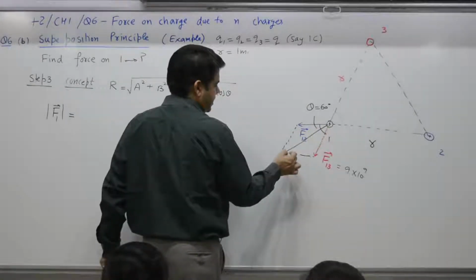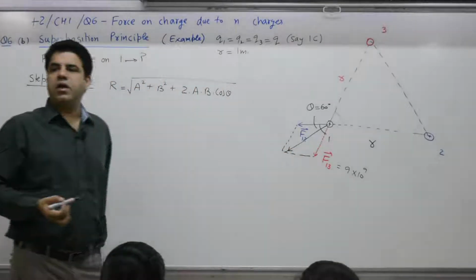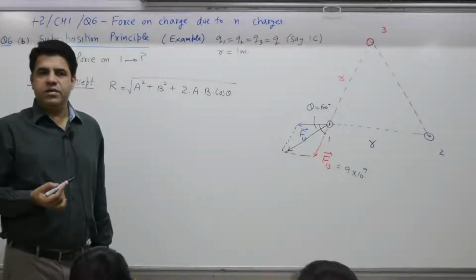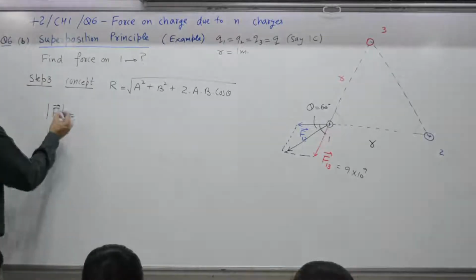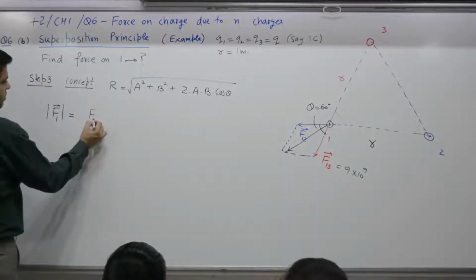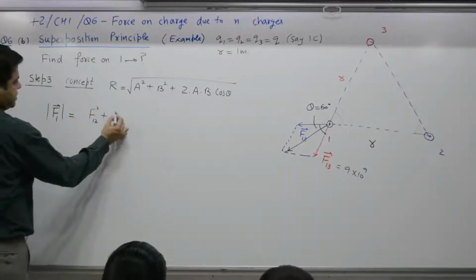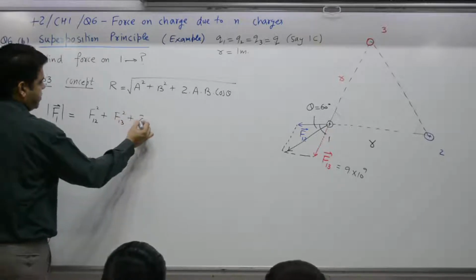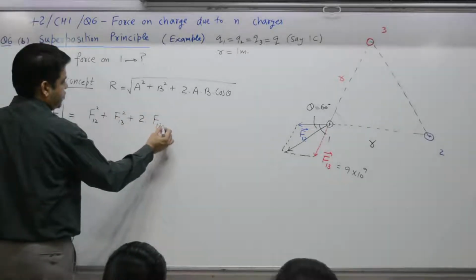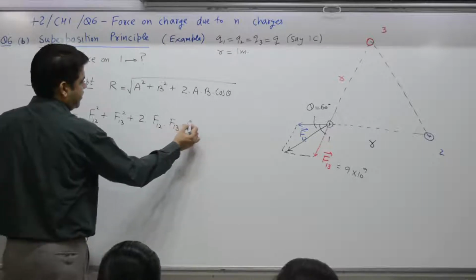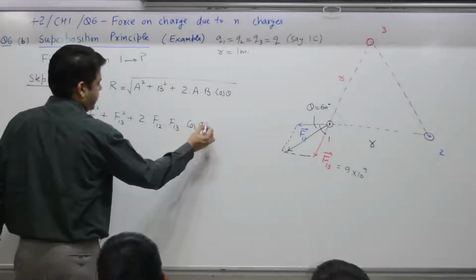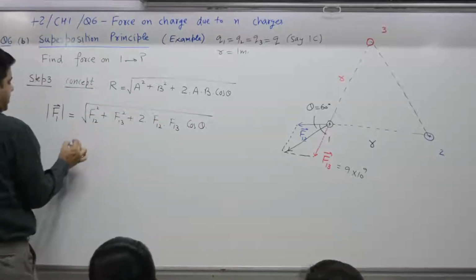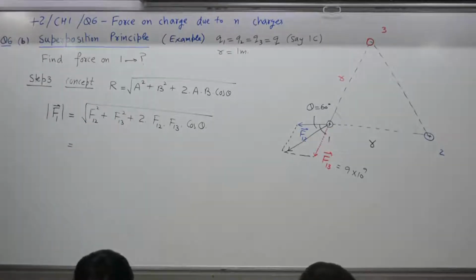This is the resultant. Agreed? Which law? Parallelogram law. So force, resultant force F is what? F12 square plus F13 square plus 2 first force into second force into cos of angle theta. Try. Write this formula and put values for the same.